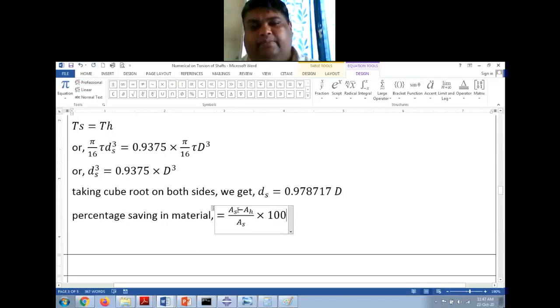Now what is area? Area is pi by 4 ds square for this, and this is pi by 4 into D square minus d square. So pi by 4 is common everywhere.